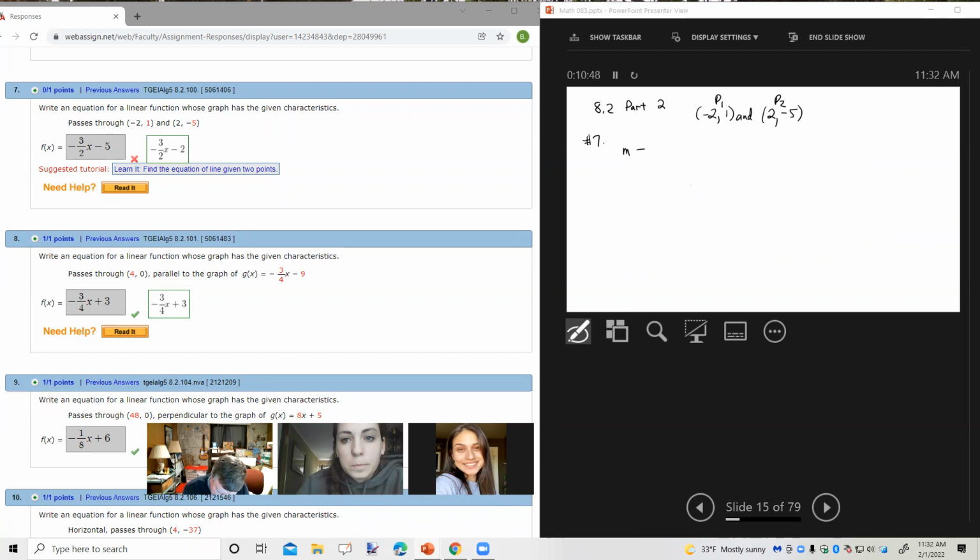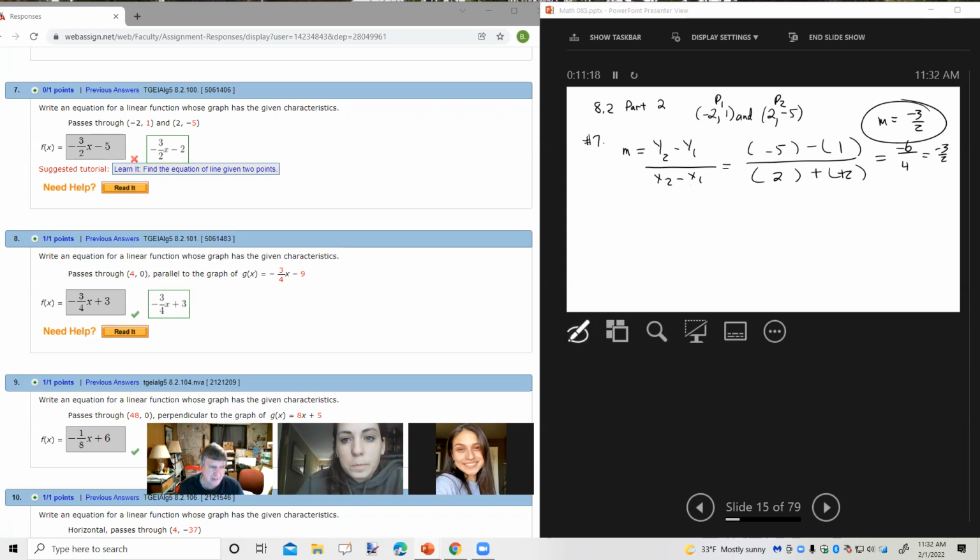The slope formula is y sub 2 minus y sub 1 over x sub 2 minus x sub 1. Y sub 2 is -5, y sub 1 is 1, x sub 2 is 2, and x sub 1 is -2. -5 minus 1 is -6. 2 minus -2 is 2 plus 2 is 4, which reduces down to -3/2. So the slope is -3/2.